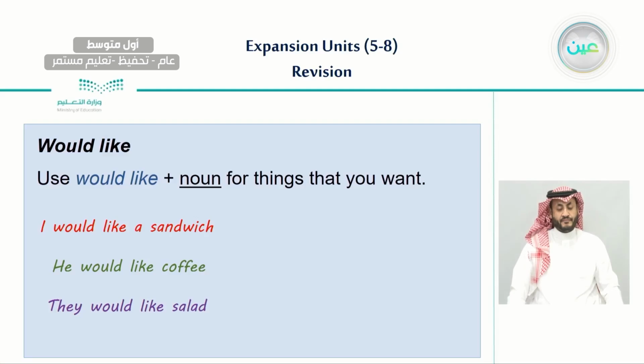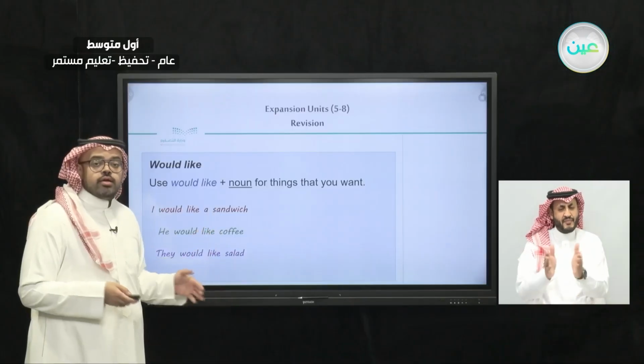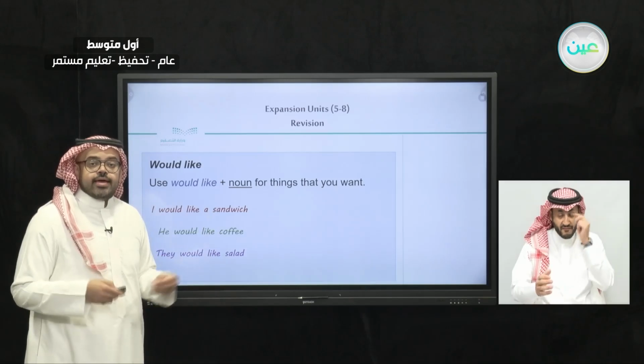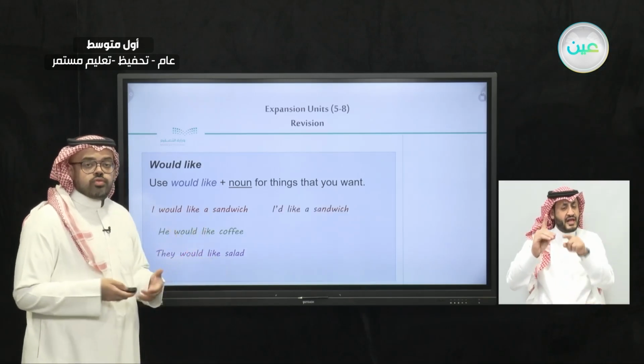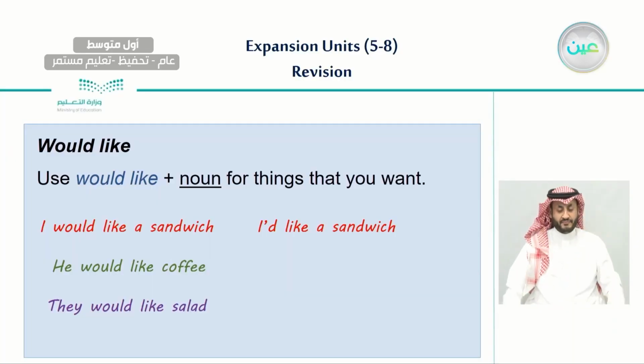And also, we have talked about something else, which is the contraction of would like. We said we can have a shorter form of the word would. For example, if we add an apostrophe and the letter D instead of saying would. In this case, instead of saying I would like a sandwich, we would say I'd like a sandwich.